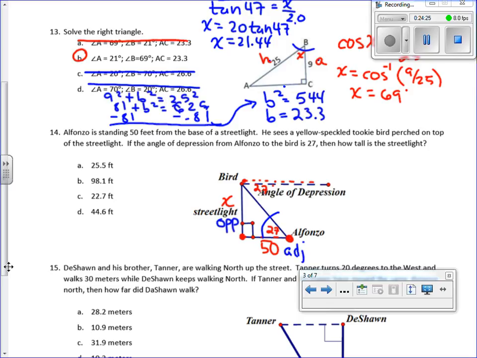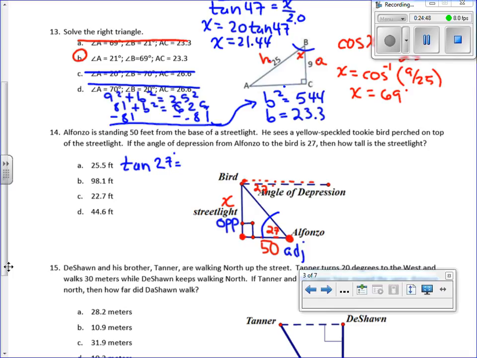And guys, you should always write your SOHCAHTOA across the top of your paper or on each page. So it just helps to trigger your memory. For the sake of time, this is opposite over adjacent, so that's going to be a tangent function. Tangent function is the one that never involves the hypotenuse.